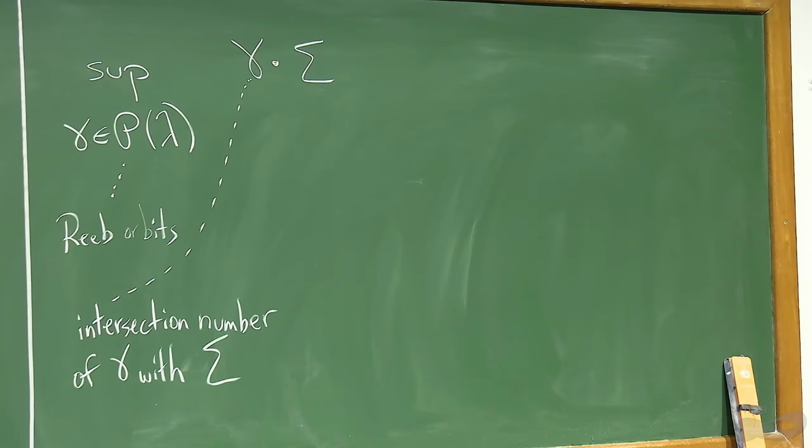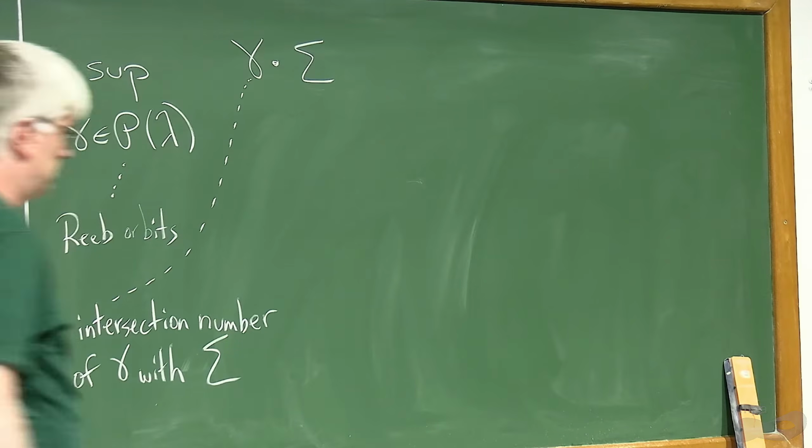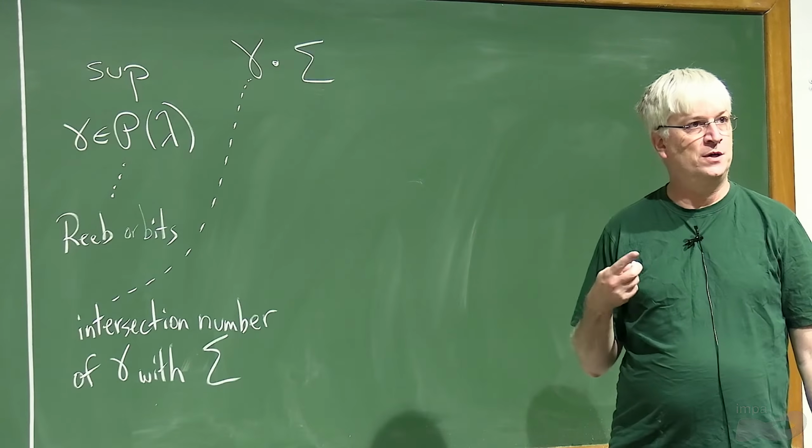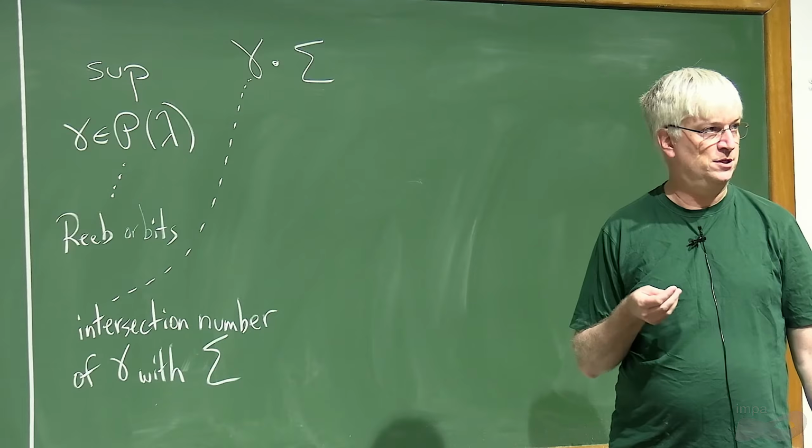You count the number of times you've intersected the surface, and you divide by k. Then you take the limit as k goes to infinity. That will be a positive real number, not necessarily an integer.